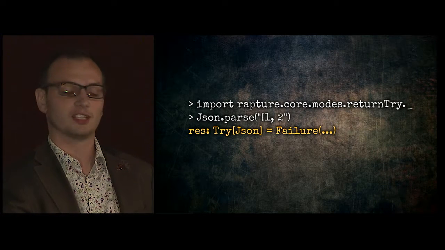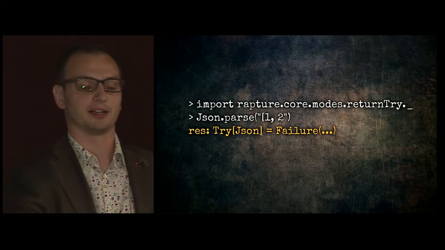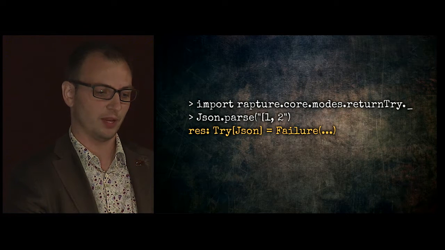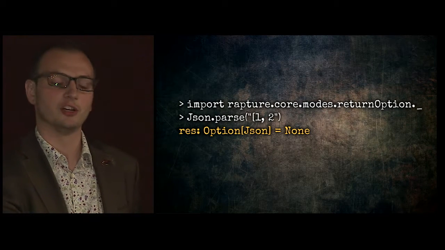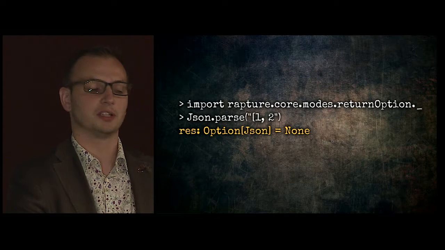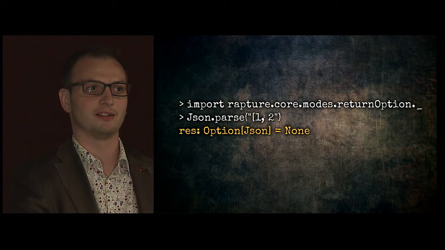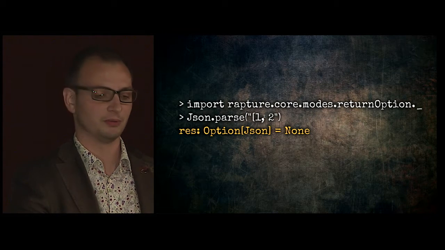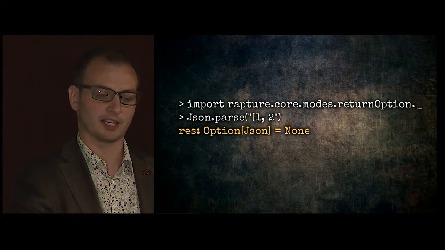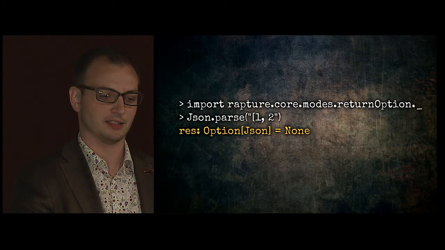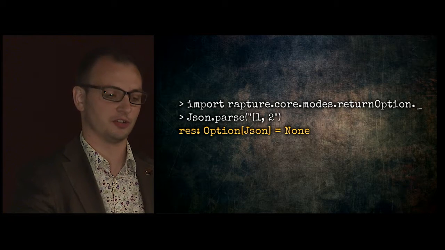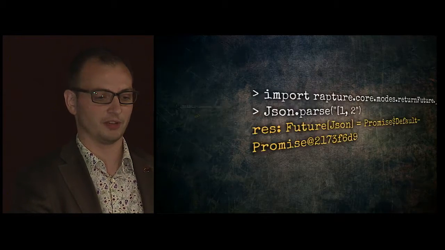With this import in scope, we will get a try of JSON back. Whereas if we had return option in scope, we will get none back. Still a failure. We're doing exactly the same thing here. This is exactly the same method call. It's just that there's an implicit parameter that gets resolved there, and it's this return option type rather than the return try. You can also have return future.